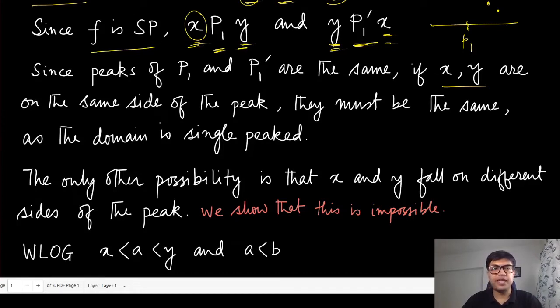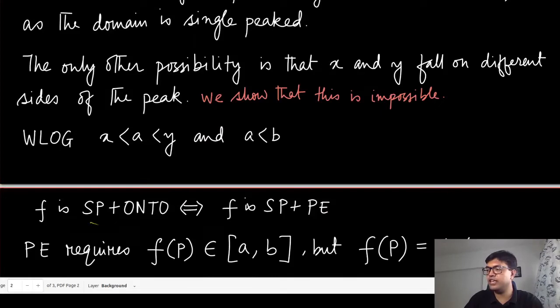Because remember, X and Y are outcomes of a social choice function, and that function has one additional property beyond strategy proofness: it is strategy proof and onto. We have also seen that ontoness and Pareto efficiency are equivalent when the social choice function is strategy proof. We have already seen a result like this. Now we are going to use this Pareto efficiency, and we have seen what should happen for Pareto efficiency. Without loss of generality, X is on the left hand side of the peak and Y is on the right hand side of the peak.